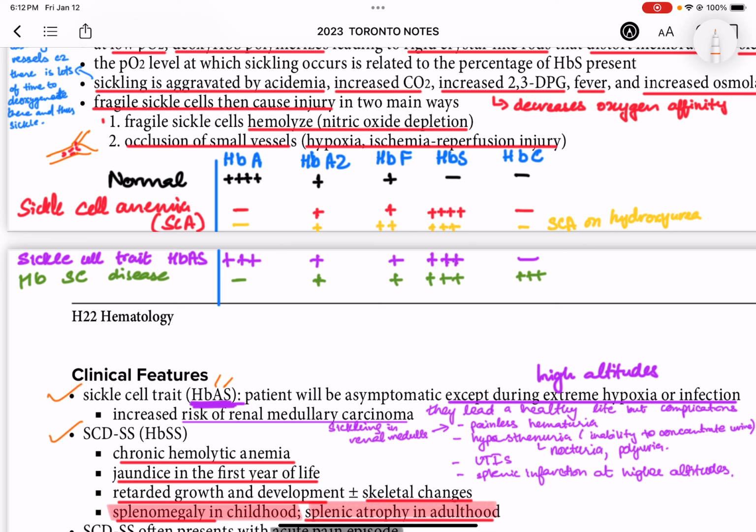What happens in sickle cell anemia, which is the red one, is there's almost 0% hemoglobin A, and all of the hemoglobin is in the form of hemoglobin S, because this is homozygous hemoglobin SS. So all of the hemoglobin is in hemoglobin S form.